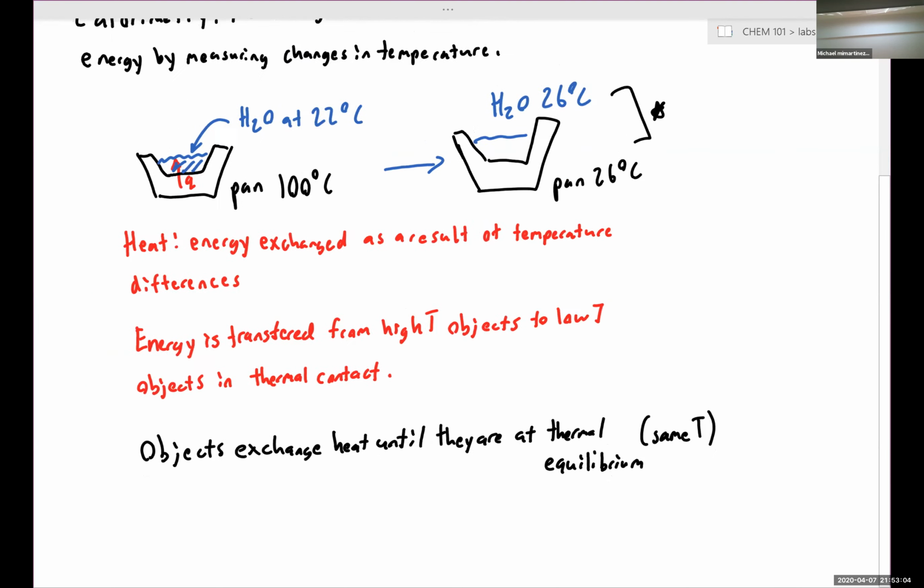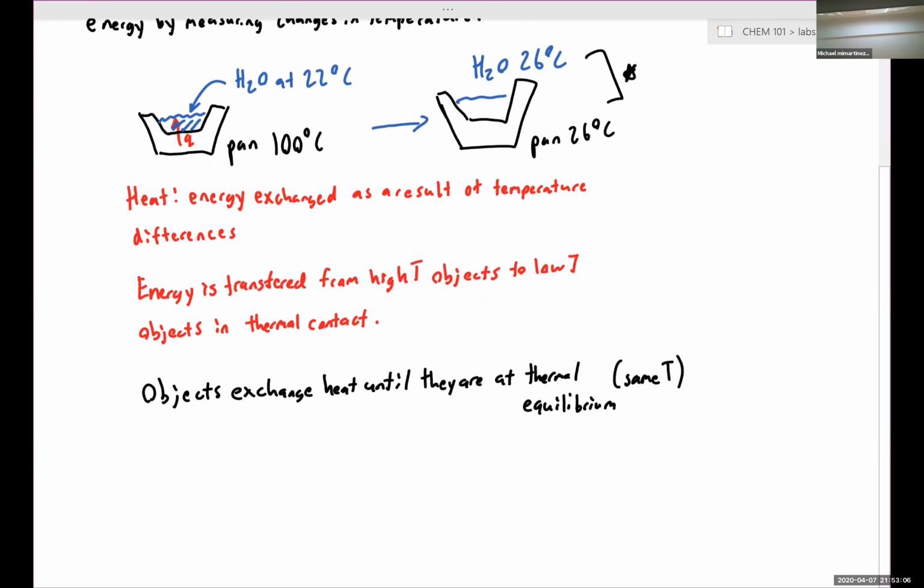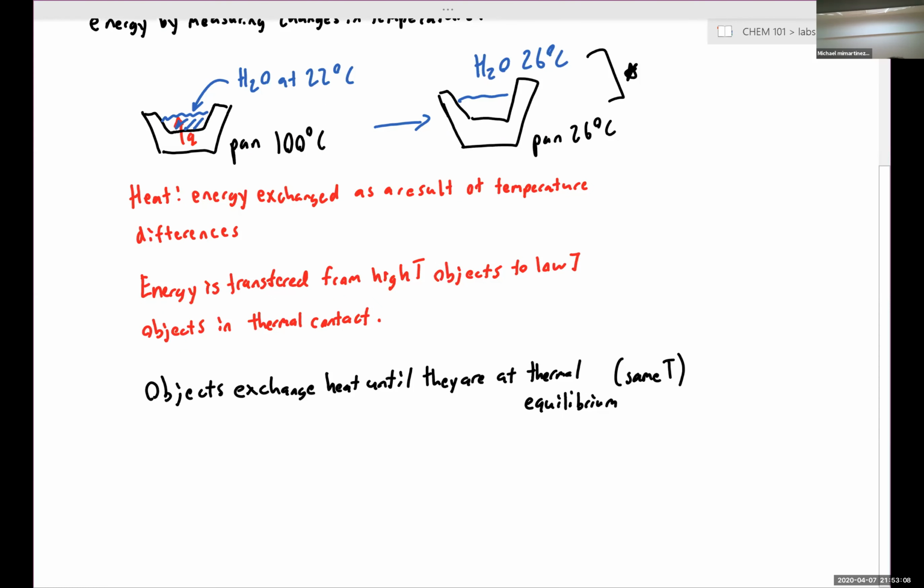Okay, so this is all wonderful. Now let's talk a little bit about what's going on here, and let's invoke some fundamental laws. So the first law of thermodynamics tells us that energy is conserved.